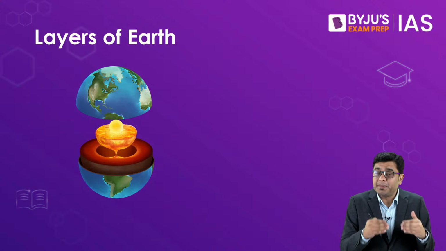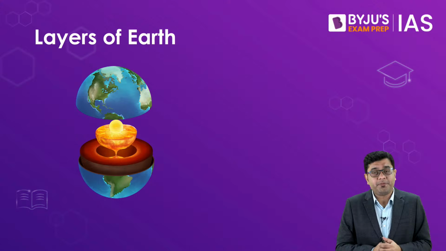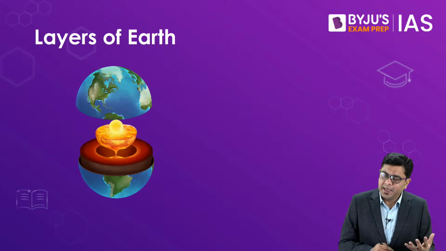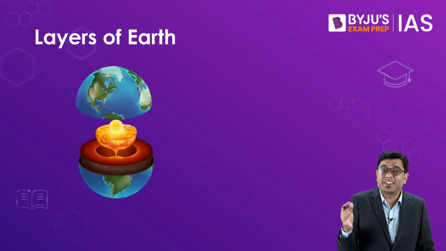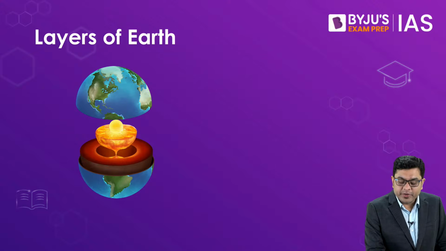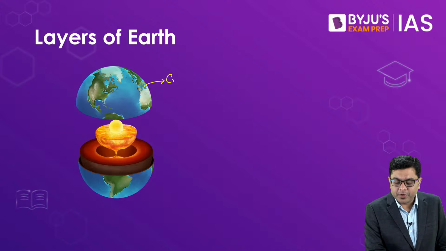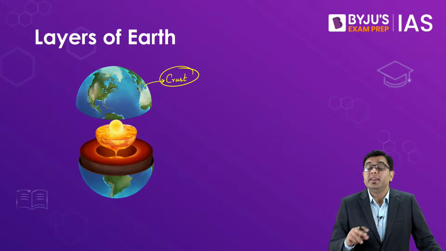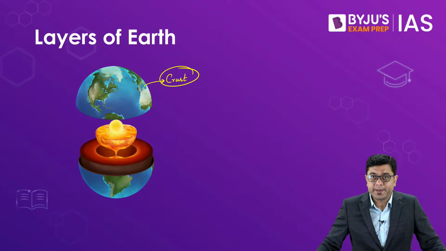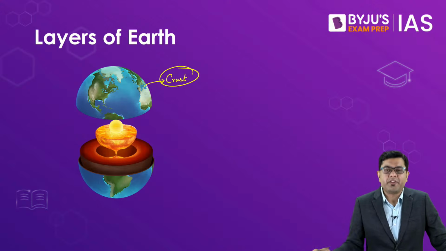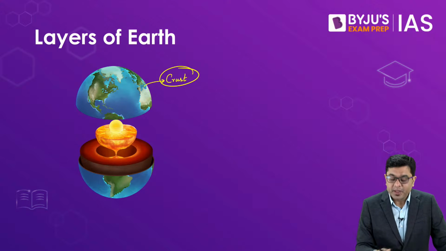That is quite similar in the case of planet Earth as well. The outer surface, which is composed of the lightest materials, is what we refer to as the crust. Crust is the thinnest portion across the entirety of the planet. It is this crust that we live upon, that we thrive upon.